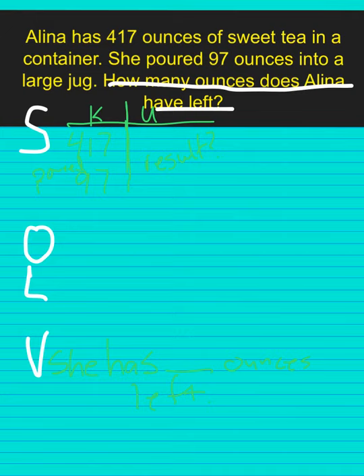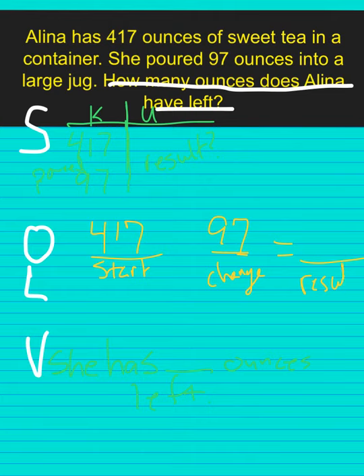Okay, so let's really think about this. She starts with 417. That's our start. She poured out 97. That's our change. That's what changed those 417 ounces. And we don't know our result. Well, if she poured it out, are we getting more tea or less tea?